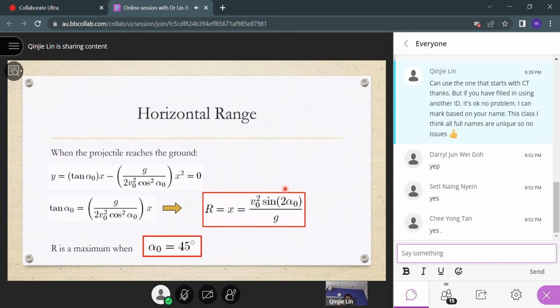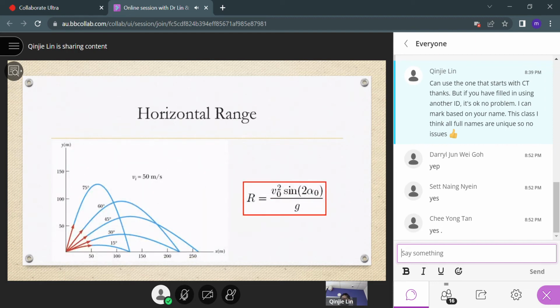A sine curve varies like that. So the maximum occurs where this sine value is 1. So if you see 2 alpha naught here, the max value will occur at 45 degrees. When you throw it at an angle where alpha is 45 degrees, you are going to get the furthest range. So to illustrate it on a graph, it will look something like this.